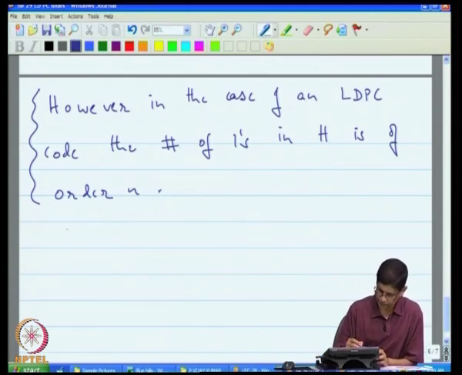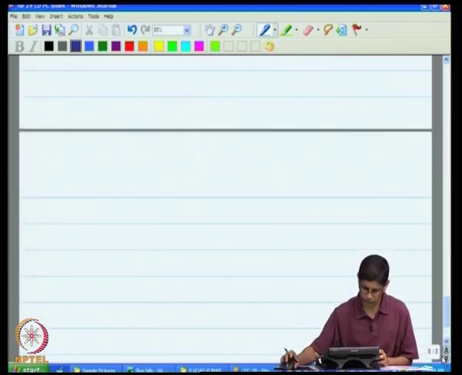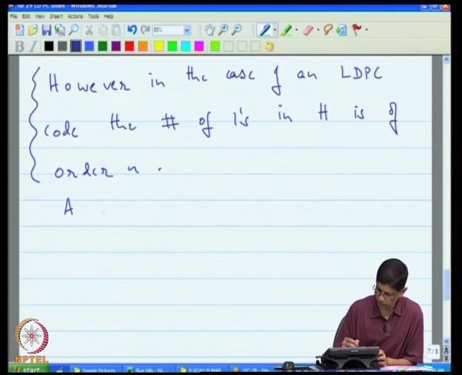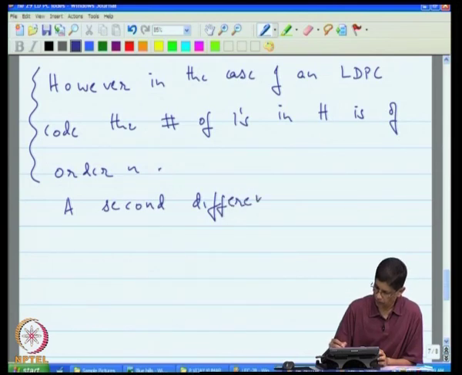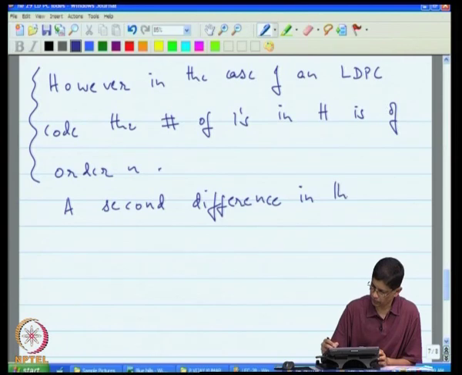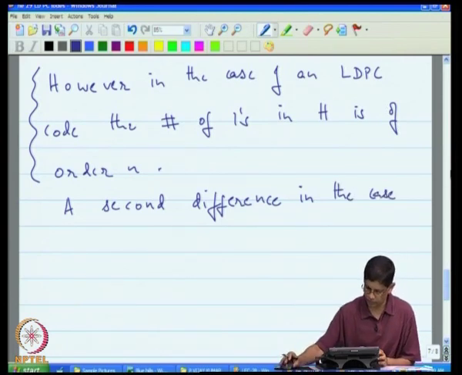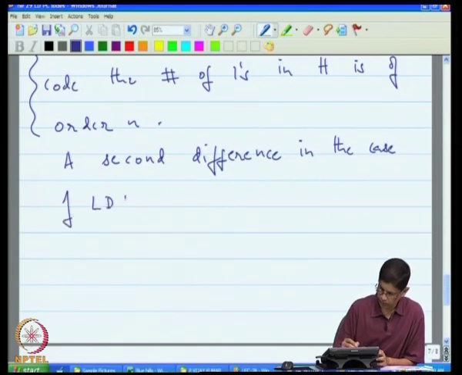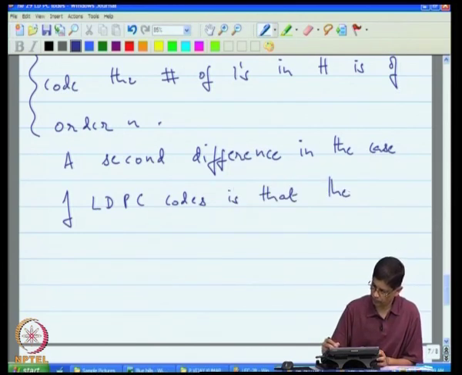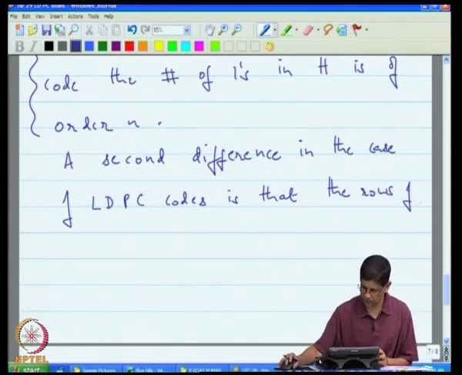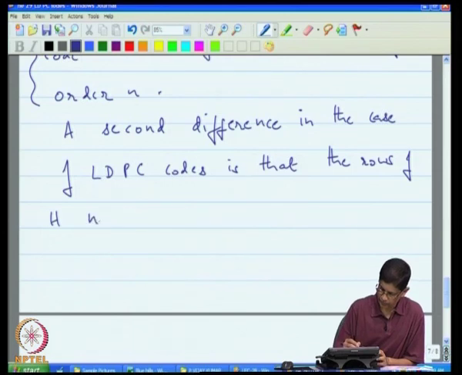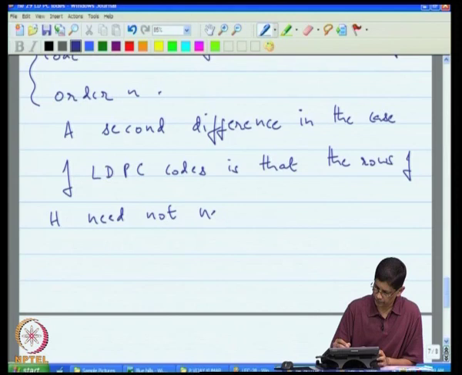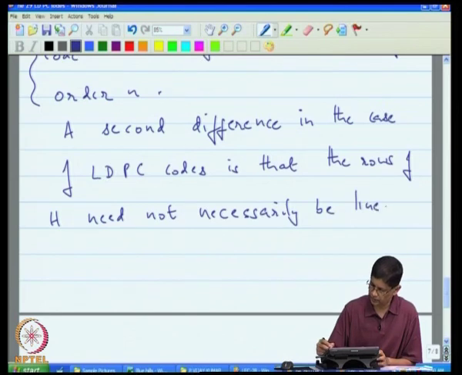A second difference in the case of LDPC codes is that rows of H need not necessarily be linearly independent.